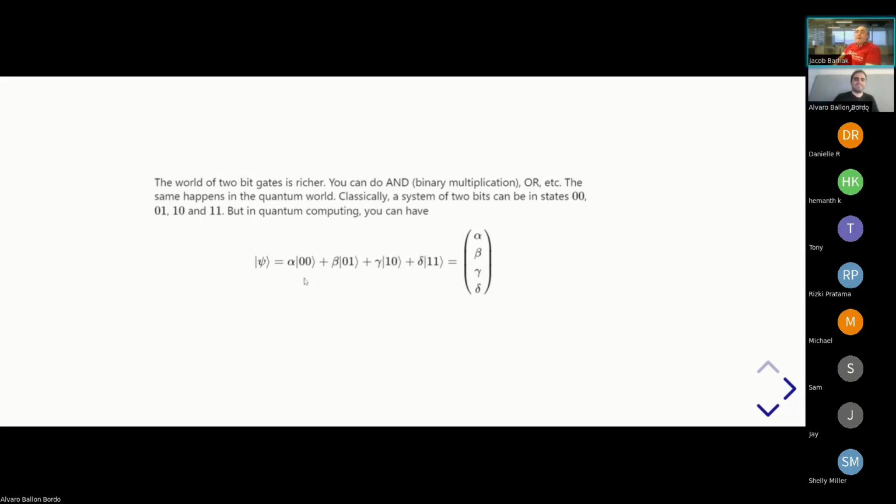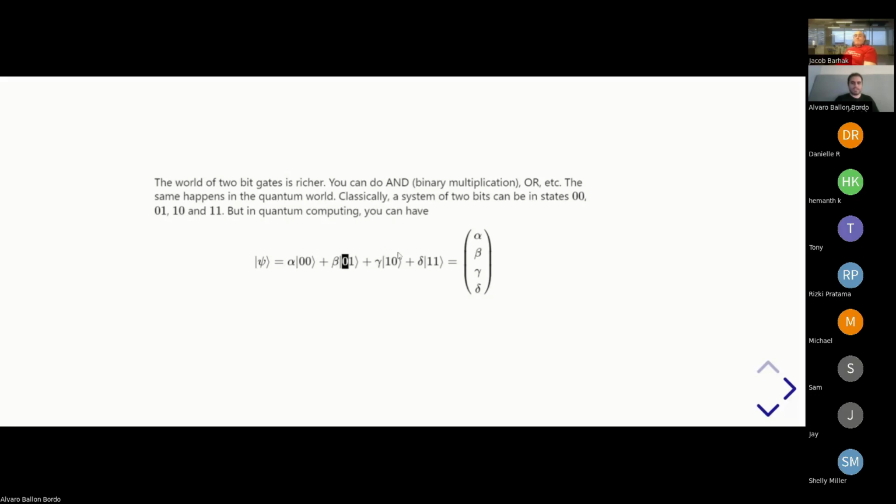Go ahead. Okay. Yeah, on 2 qubits. So for example, this one here that you see, again, this symbol enclosing a 0, 0 means that the first qubit is in 0 and the second qubit is 0. This one means that the first qubit is 0 and the second qubit is 1, and so on.